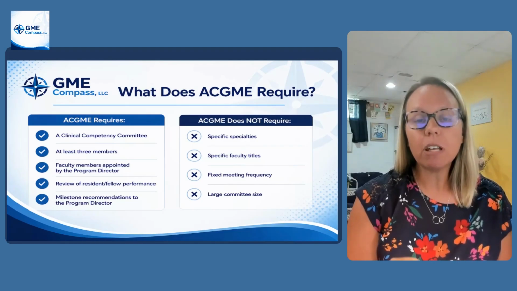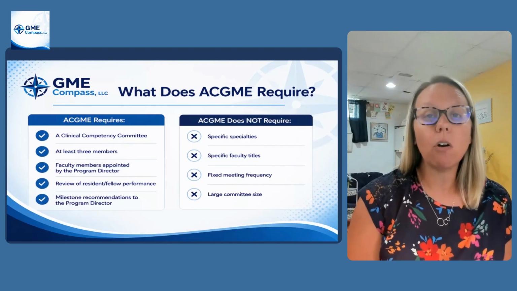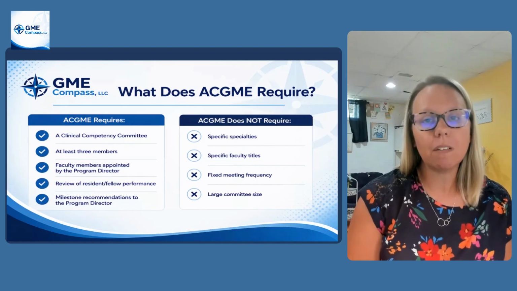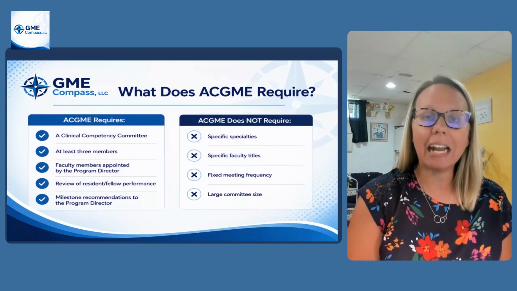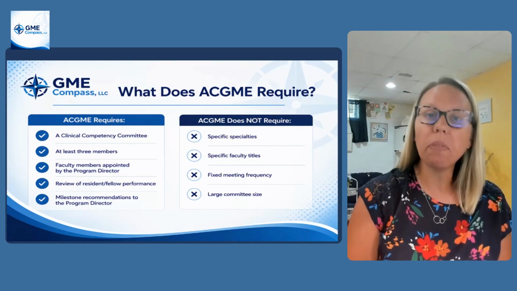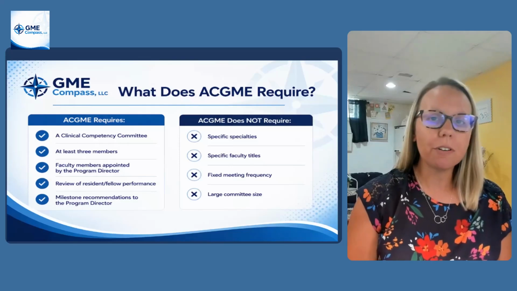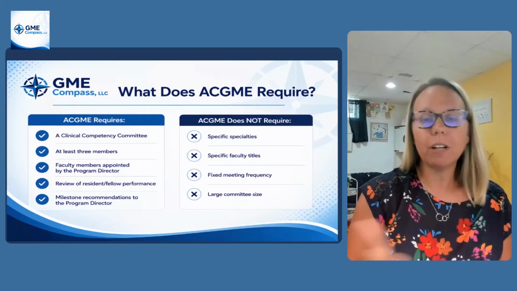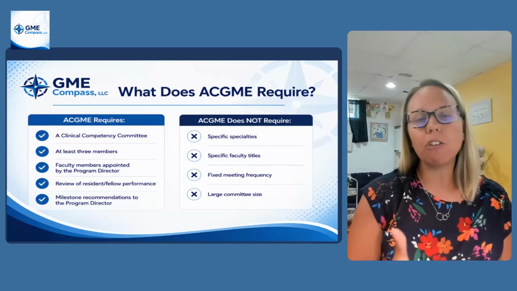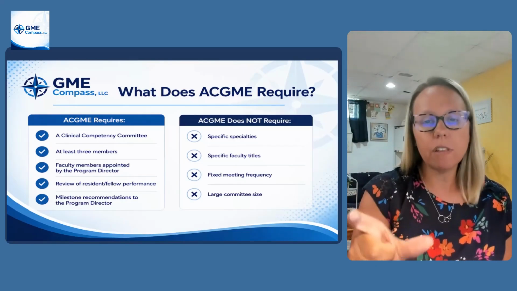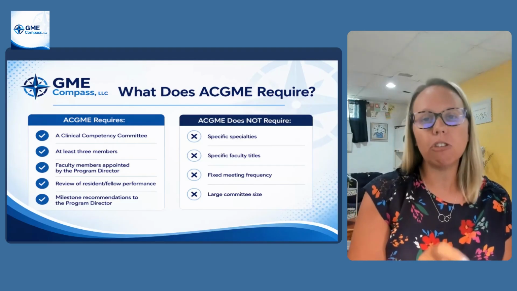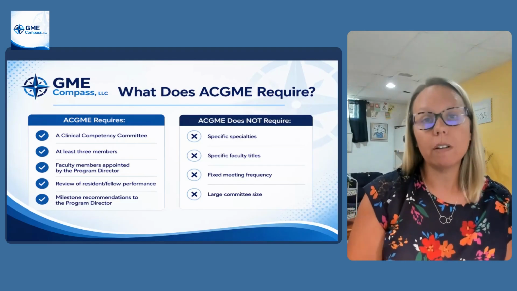They're intentionally vague because they're trying to set all programs up to be successful whenever they can. Whatever a program's resources, size, or institutional setup, they try to make this skeleton of infrastructure requirements achievable and attainable regardless of the program.